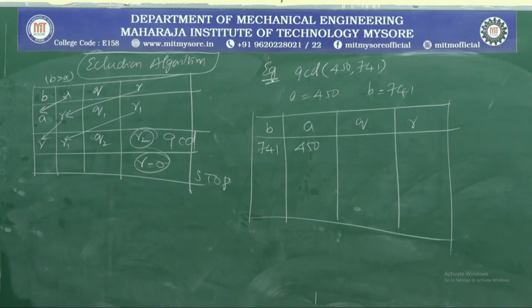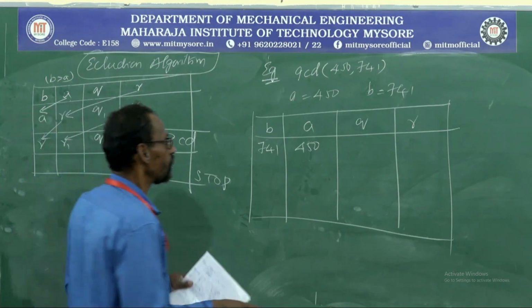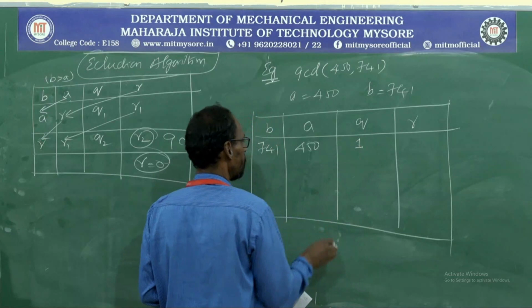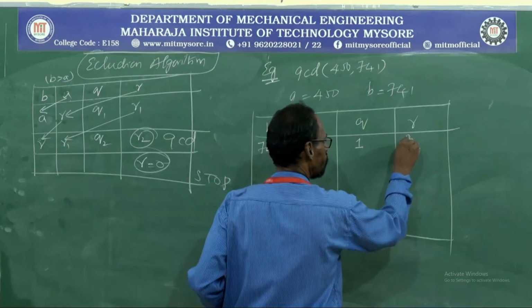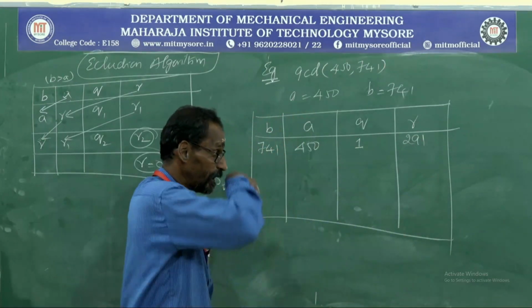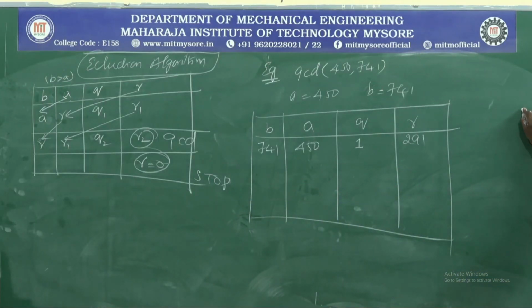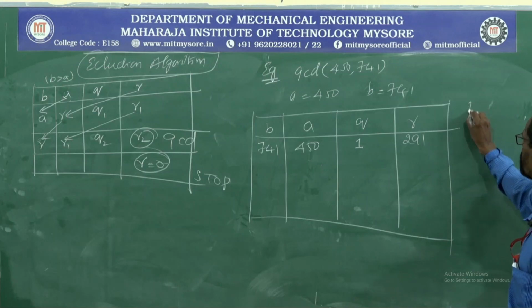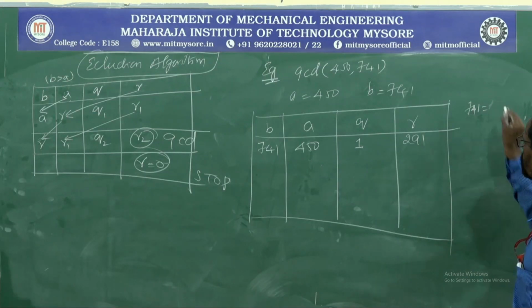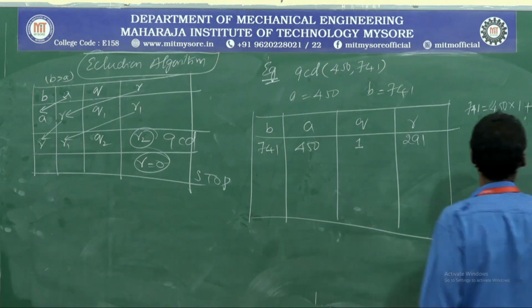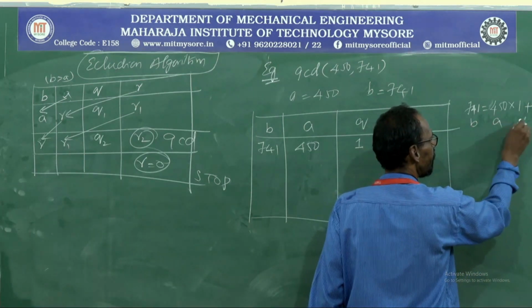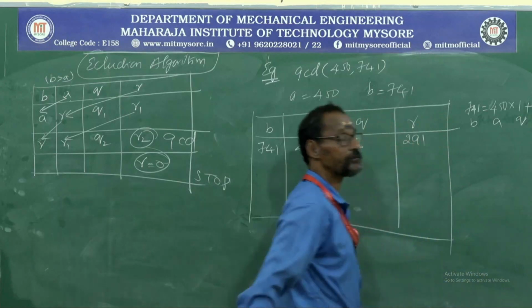The quotient is 1 and the remainder is 291. That is, 741 we can write as 450 times 1 plus 291. This is B, this is A, this is Q, this is R.